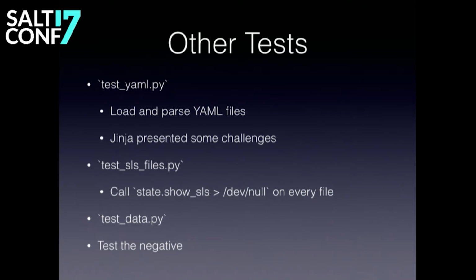There were bad SLS files in the test directory, not in the main file roots, that had just bogus stuff in them. So in the test SLS tests, if it saw a bad file, it would raise an exception. If we were probing that directory, anything in there should raise an exception. Hopefully that all makes sense. Just remember to test the negatives to make sure that you're actually testing the thing that you think you are.